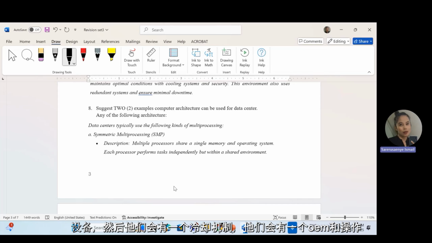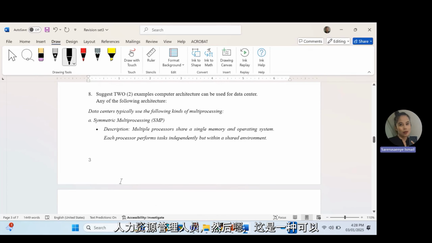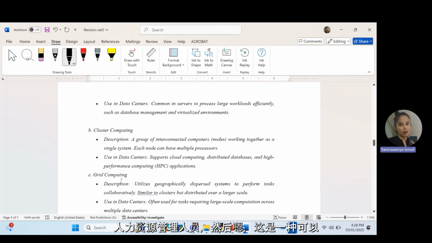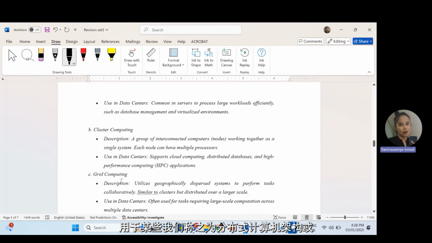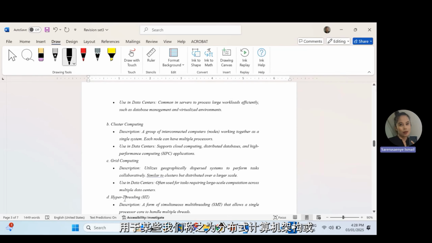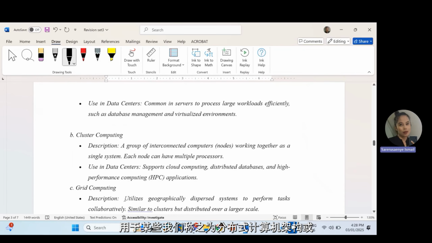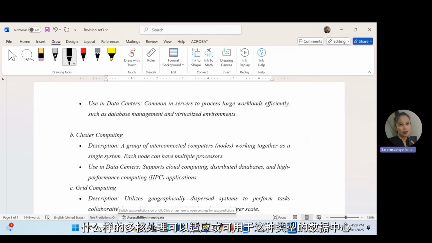They will have OEM and also operation people, resource management people. And then there is the type of computer architecture that can be used in that, distributed computer architectures, or what kind of multi-core processing can be adapted for this type of data center.